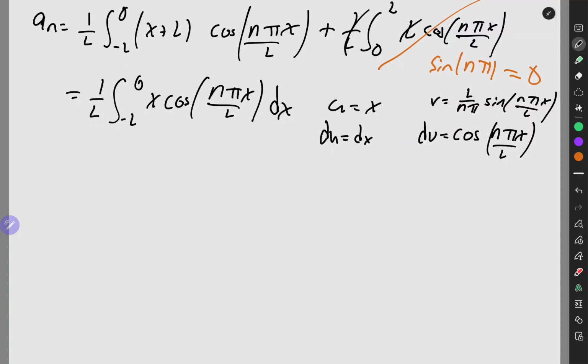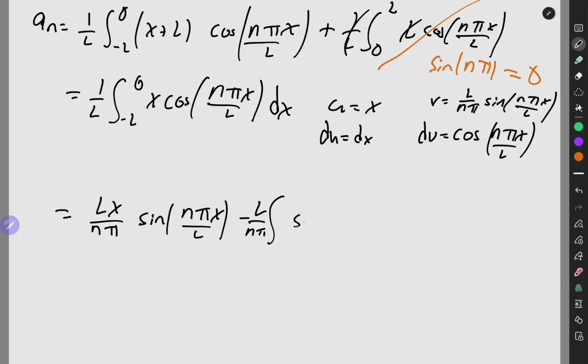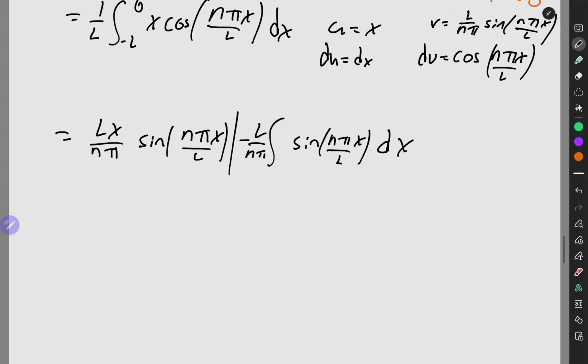So now we have uv minus the integral of v du. We can take this out, dx. And I forgot my bounds.